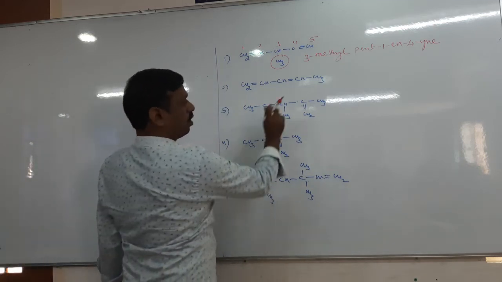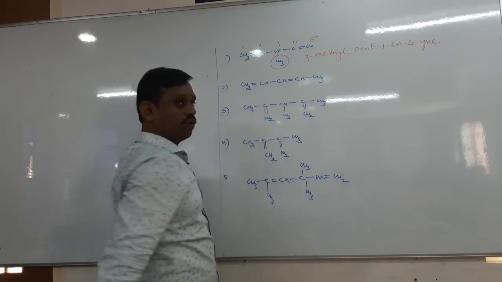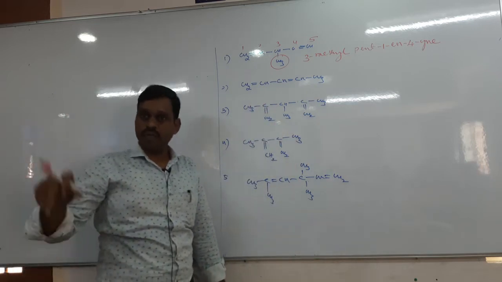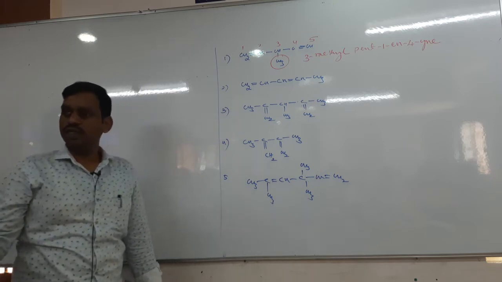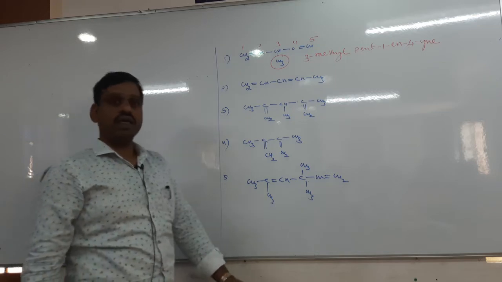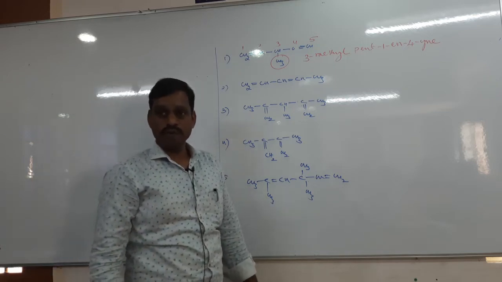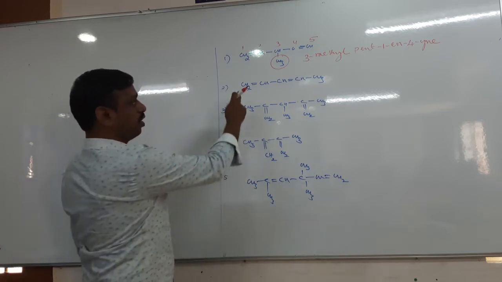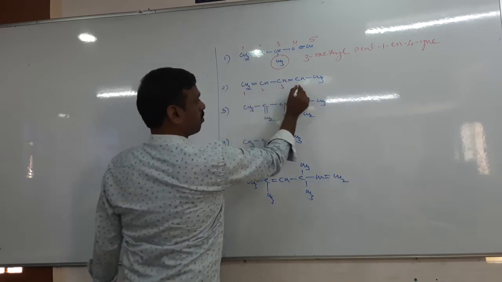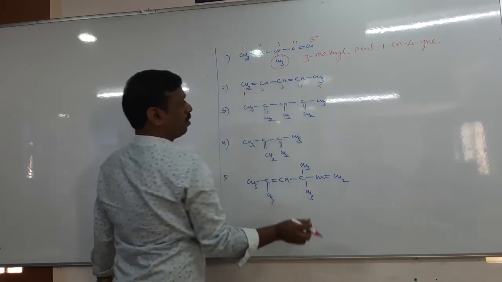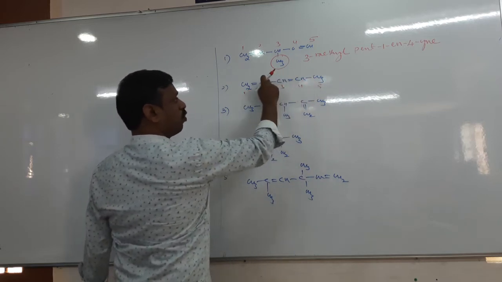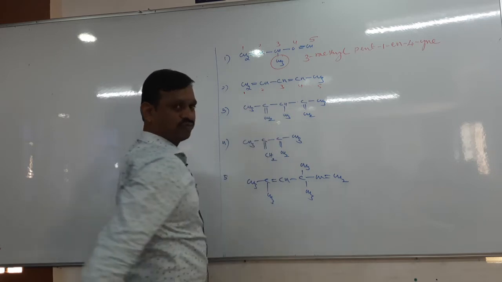Next, lowest sum rule. If there are double bonds, triple bonds, even substituents, you can easily apply the lowest sum rule. So apply the lowest sum rule. It is 1 2 3, 1 2 3 4 5. 1 plus 3 from this side, from the other side 3 plus 4.